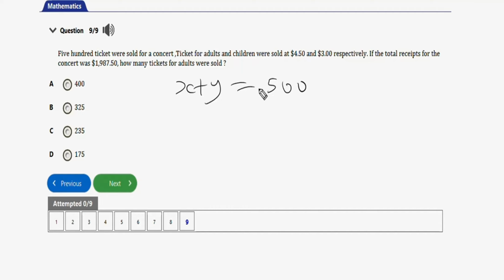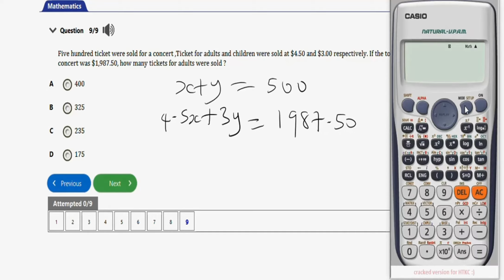This is equation 1. So equation 2 will be 4.5x, remember x is for adults, then plus 3y equals $1,987.50. So let's take the calculator and solve this now. Very easy. So you go to simultaneous equation, press mode, option 5, press 1.